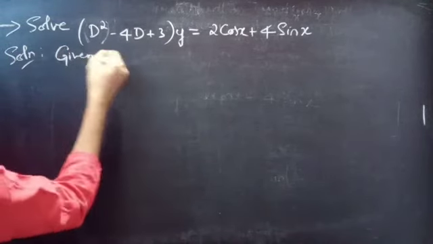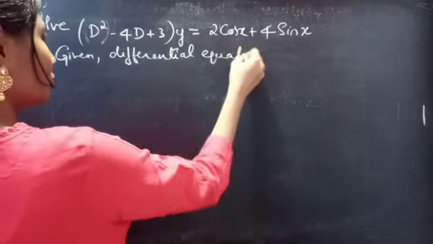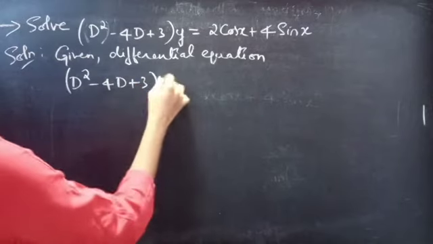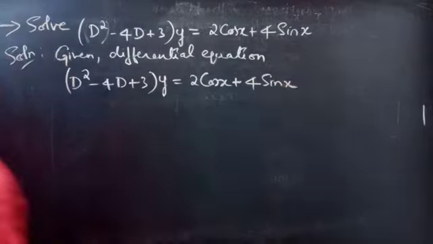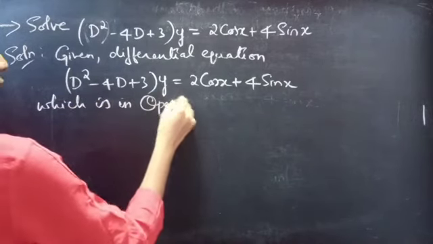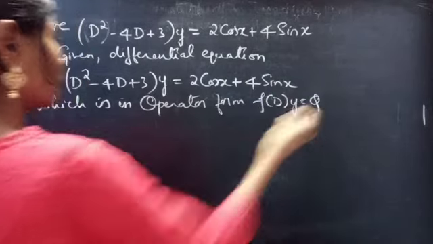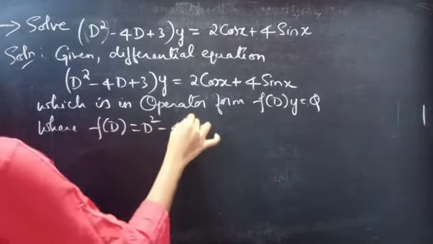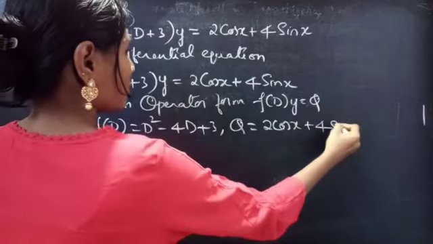Given differential equation (D² − 4D + 3) y = 2 cos x + 4 sin x, which is in operator form: f(D) y = Q, where f(D) = D² − 4D + 3 and Q = 2 cos x + 4 sin x.